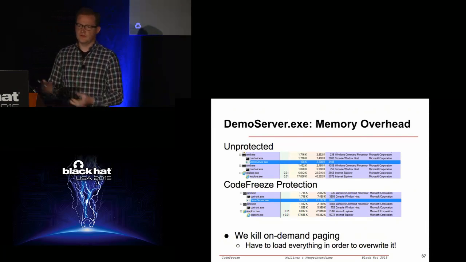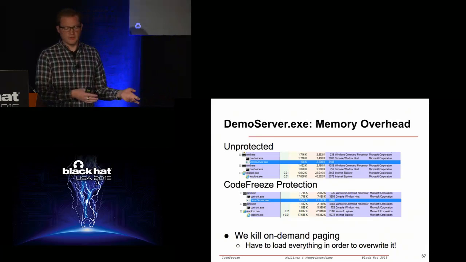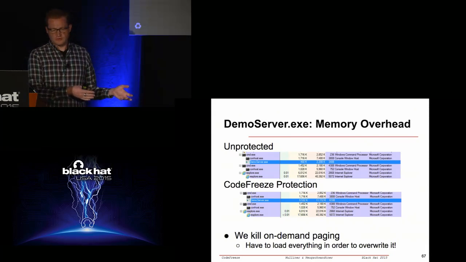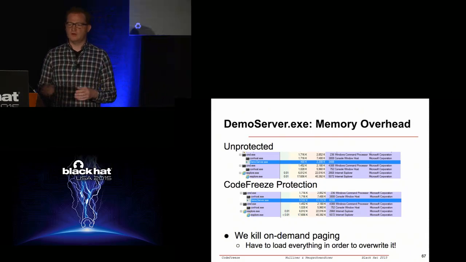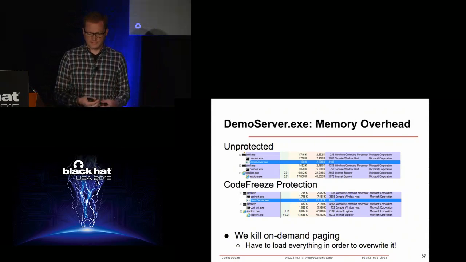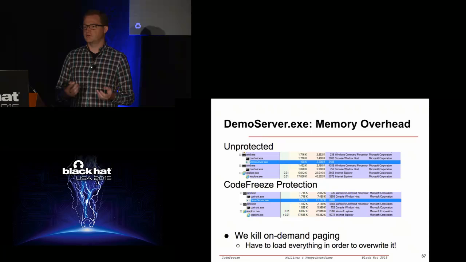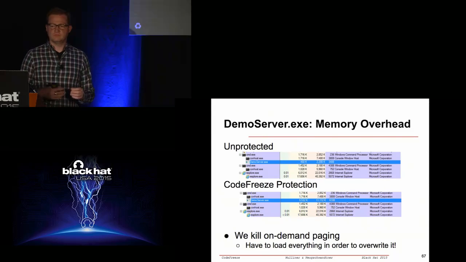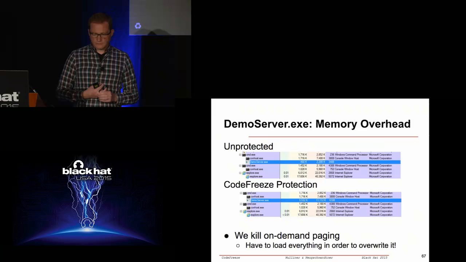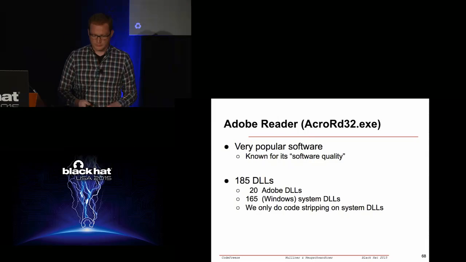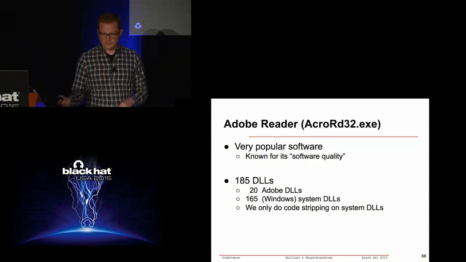The other stuff is still there, so if you jump to a specific function, it will be loaded by the OS. But in our case, we really have to load everything. So the memory footprint of the application with our proof of concept gets a little bit higher, but we have some ideas about how to fix this.